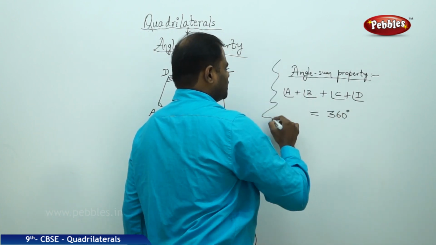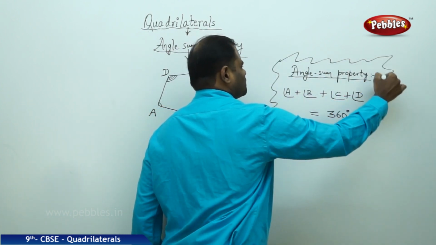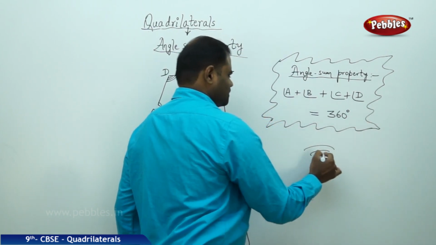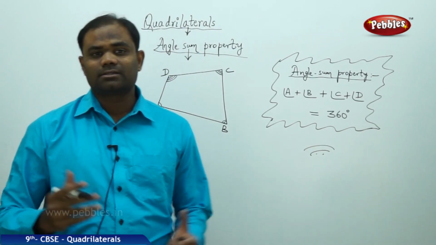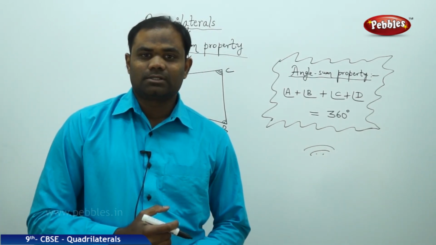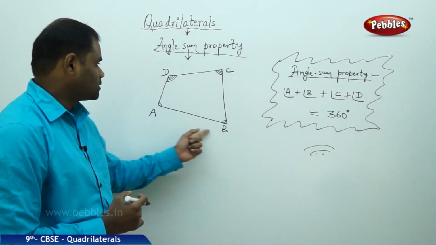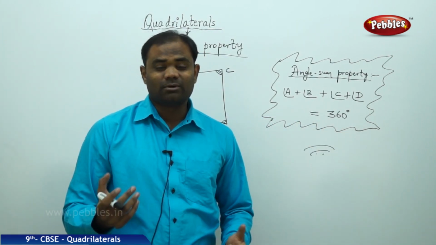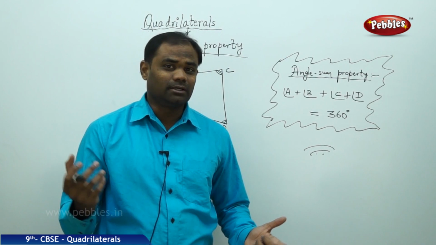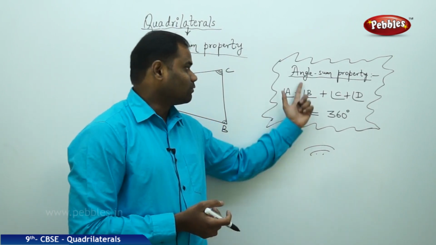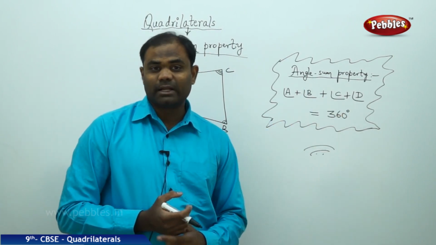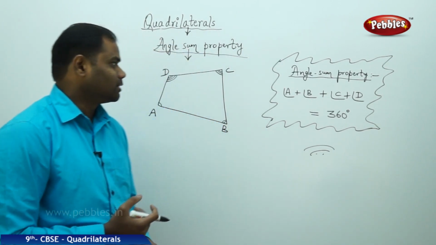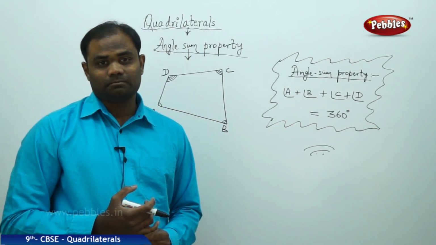That is how I define the angle sum property. The sum of all the four angles in a quadrilateral must equal 360. The sum of all three angles in a triangle equals 180, and the sum of all four angles in a quadrilateral equals 360. That is how we define the angle sum property.